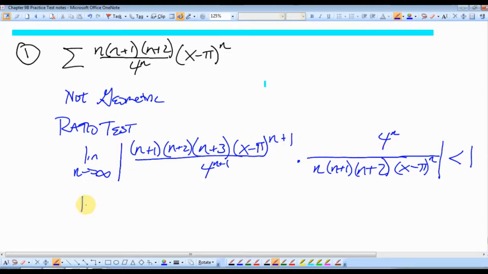Alright, so the absolute value of x minus pi, that comes out. The 4 comes out. Limit as n approaches infinity. Let's see. N plus 1 cancels out. N plus 2 cancels out. So we're just left with n plus 3 over n.